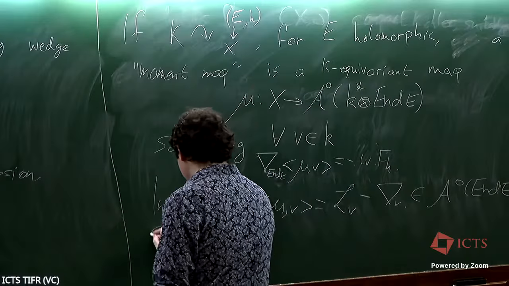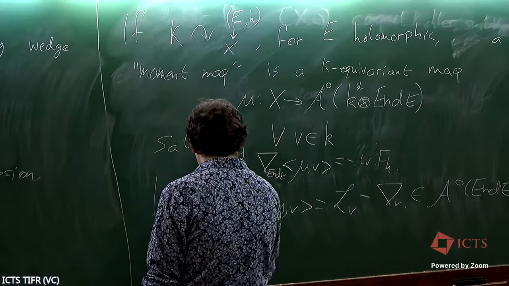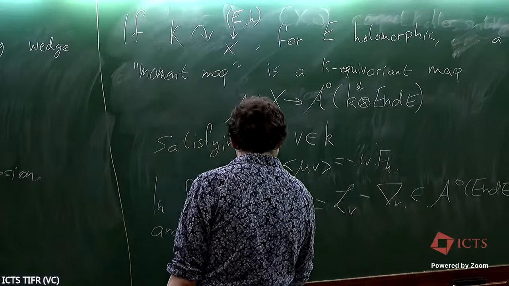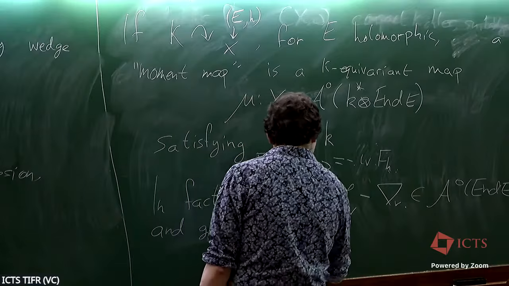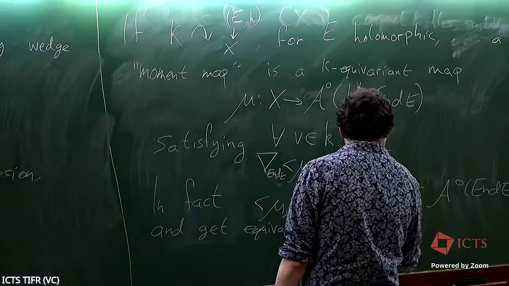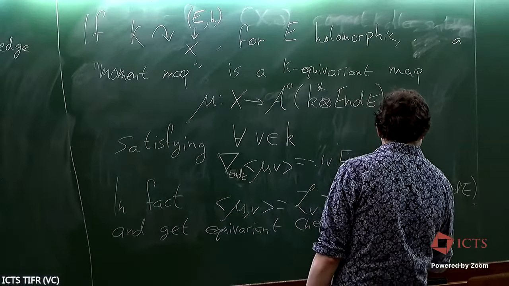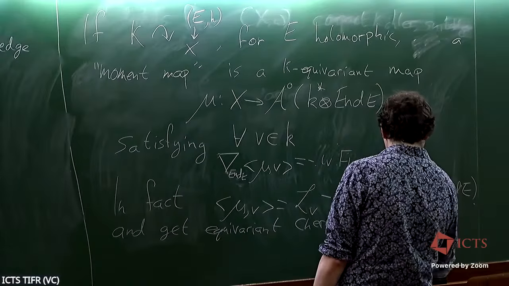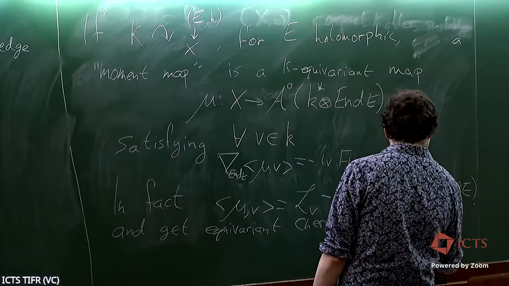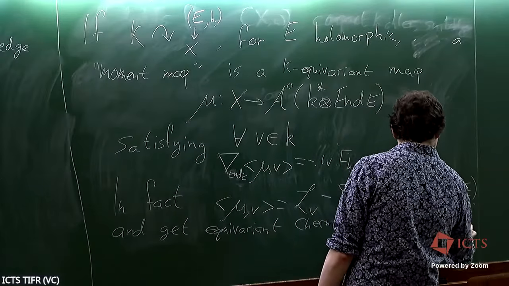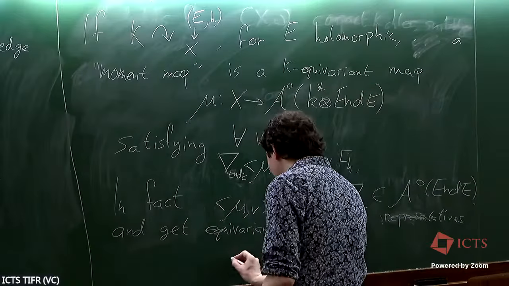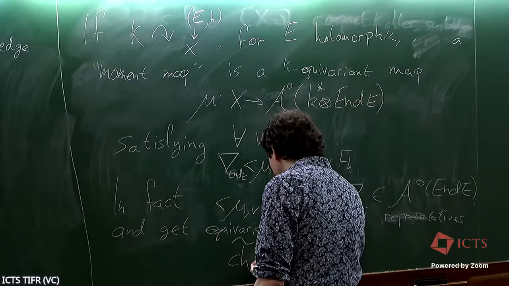Okay, and then the last thing is that we get equivariant Chern-Weil classes, or representatives, that's probably more accurate. How do we define this? I'll write, again, I'll use a tilde.